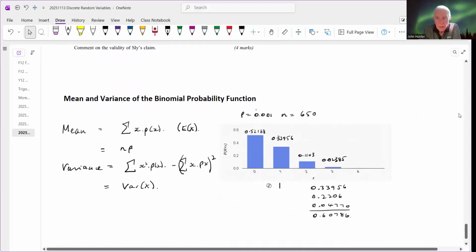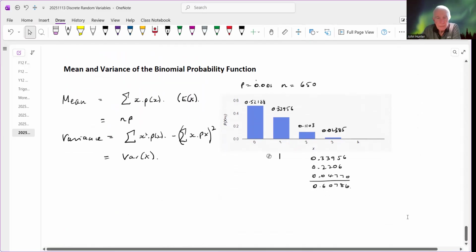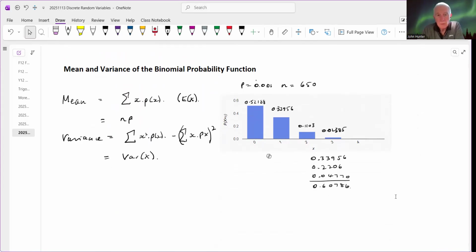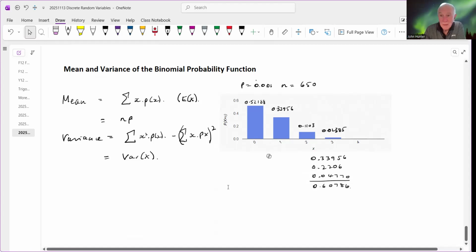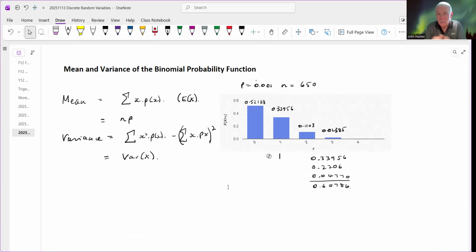Let me tell you about the mean and variance. Okay, so for random variables, we have the concept of the mean and variance. Now, you know about the mean and variance of a set of numbers. But a random variable, how does that work? What do we mean by the mean of a random variable? It is some measure of where we think it's going to be.